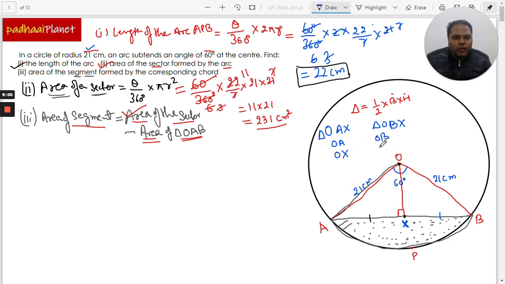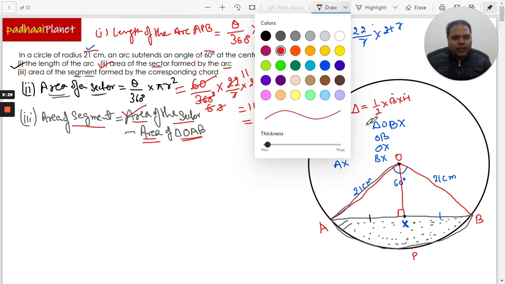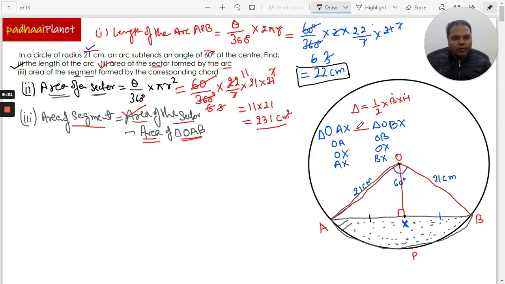OX is common in both of them, because this side is common. And the third thing is that AX is equal to BX, because whenever there is a perpendicular on the chord, it divides the chord equally. So these two triangles are congruent to each other.